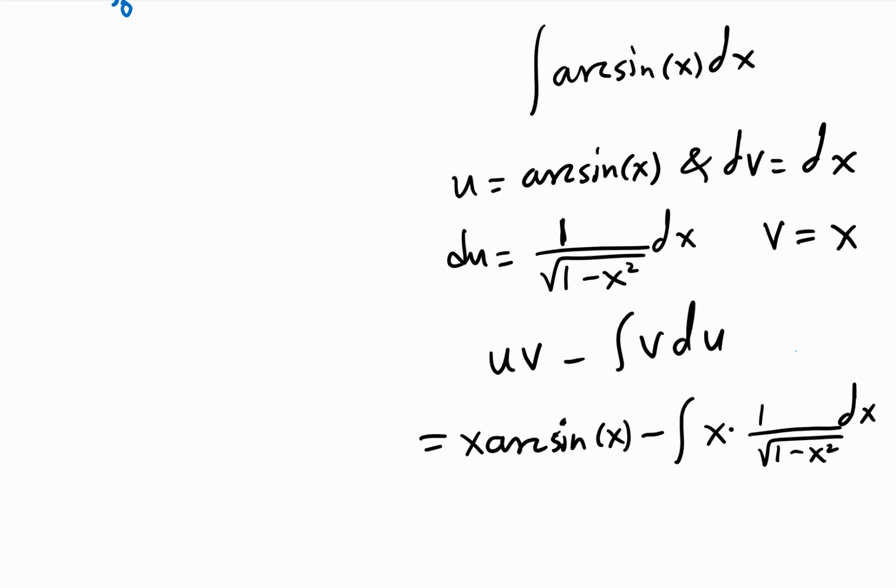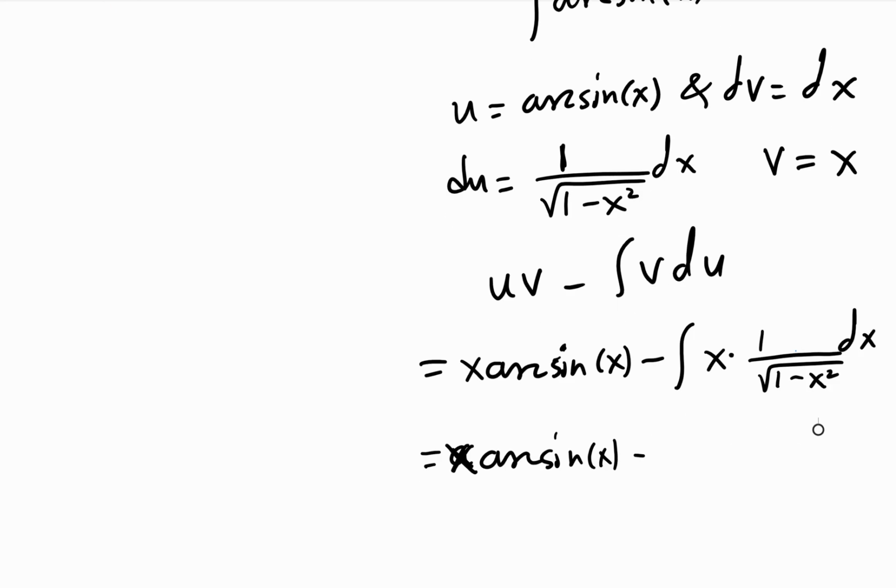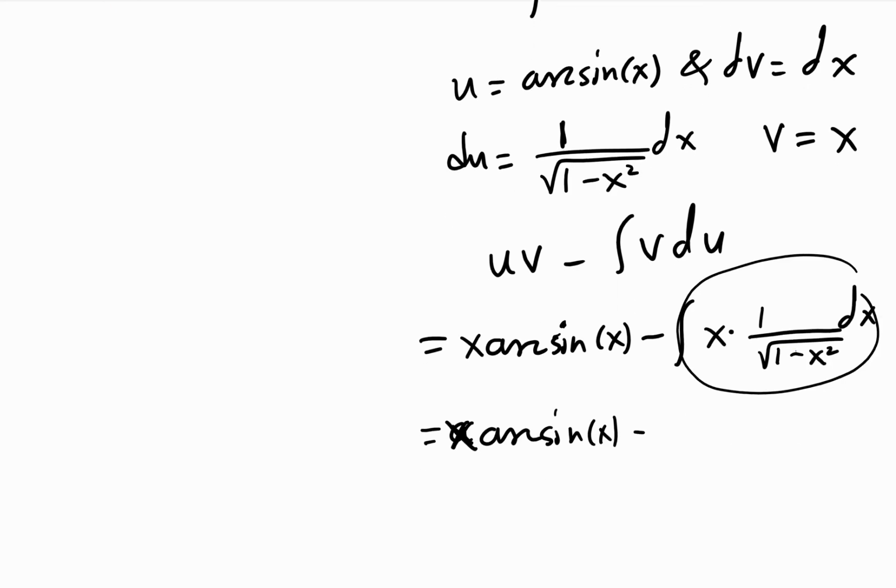Now to solve that integral, it doesn't always have to be by parts. We always look at substitution as the first step if possible. We can integrate this on its own by taking u to be 1 minus x squared, and du would be negative 2x dx.